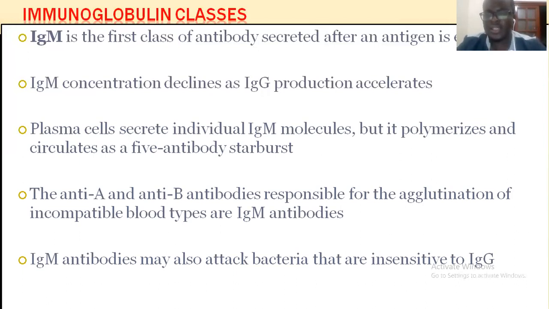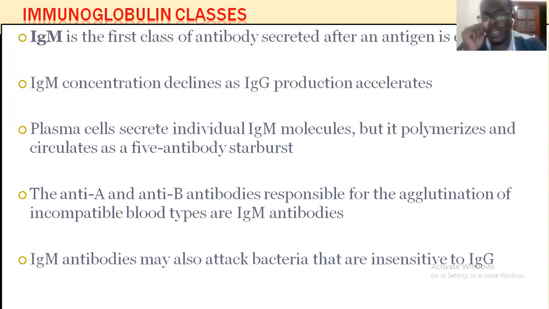So like I said, the IgM, they're not as big as the IgG, but because they have a tendency to polymerize or attach to one another, they start moving more like a star. So that is called a five-antibody star shape. The anti-A and anti-B antibodies responsible for agglutination of incompatible blood types are IgM antibodies.